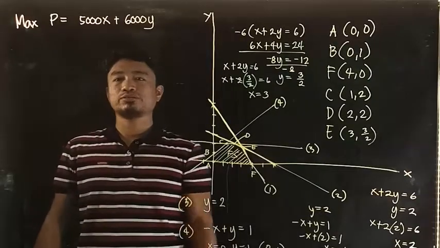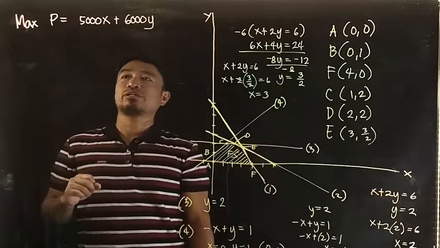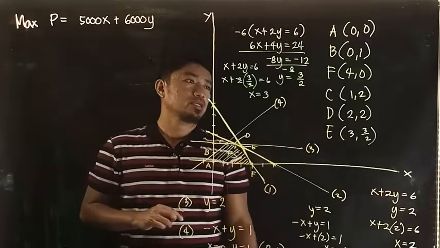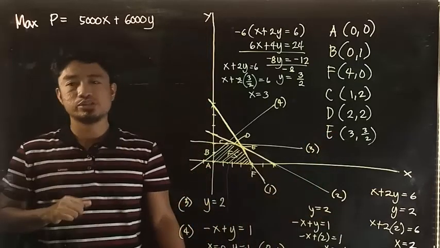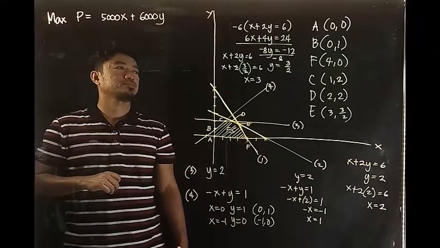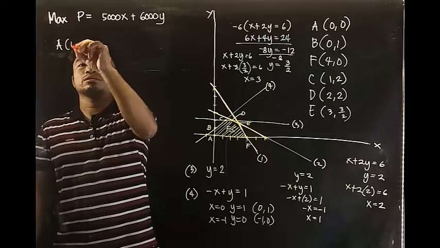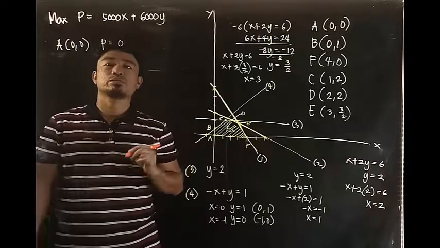And the last part of the solution is we're going to evaluate the objective function at the corner points, and again, one of the corner points will satisfy our objective, which is to maximize the value of p. So at point A, obviously the value of p is equal to 0.